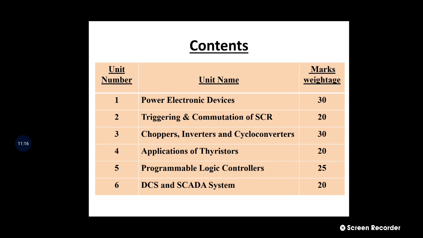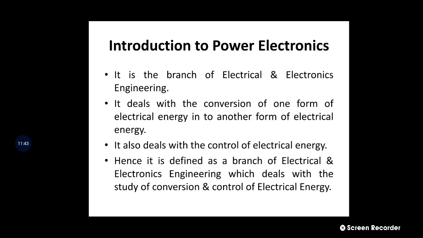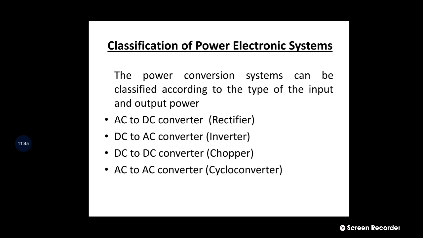Out of the many semiconductor devices like SCR, DIAC, TRIAC, transistor, and so on, we have mentioned only the SCR in unit number 2, because SCR is the switching device we are going to use in different power electronic converters such as rectifiers, inverters, choppers, and cycloconverters, for the switching purposes, to convert AC to DC, or DC to AC, or DC to DC, or AC to AC.